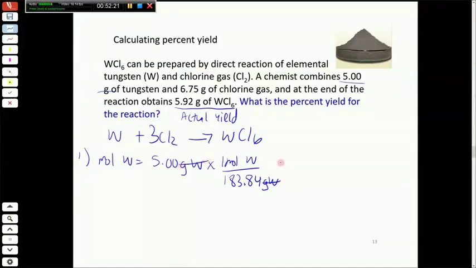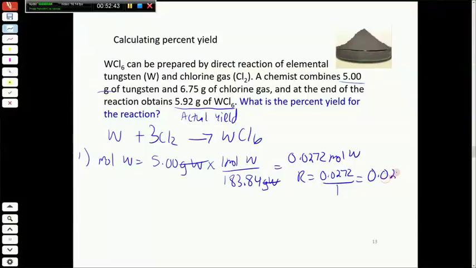So we cancel out grams, and that gives us 0.272 moles. And then the ratio, R, is going to be that number divided by its coefficient. As I balanced the reaction up here, there's a coefficient of 1 in front of tungsten. There's no coefficient written. And so that's going to be the number that we get for tungsten.